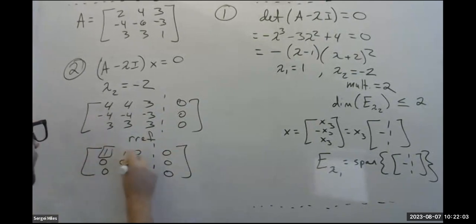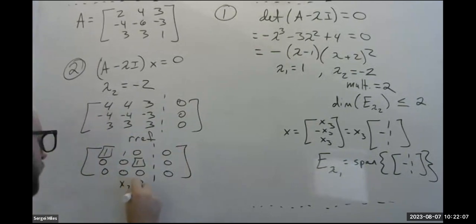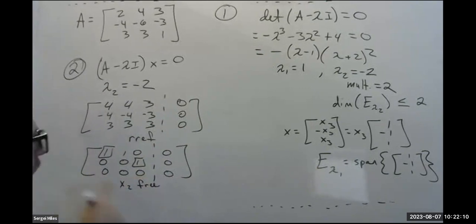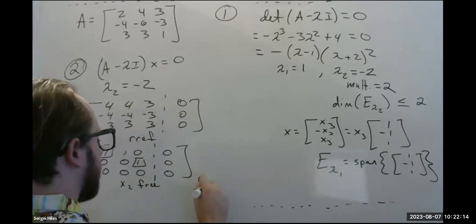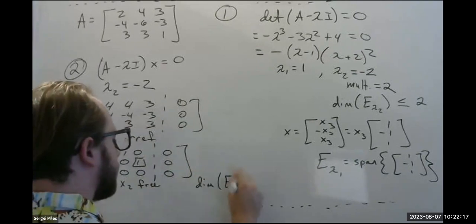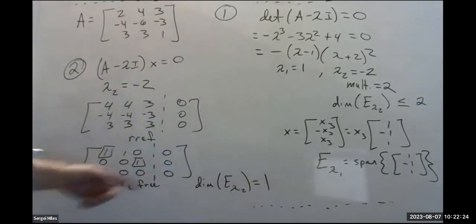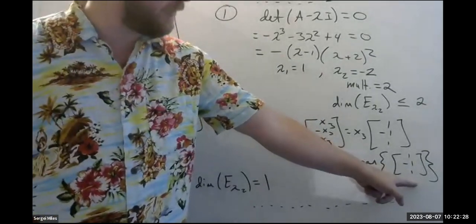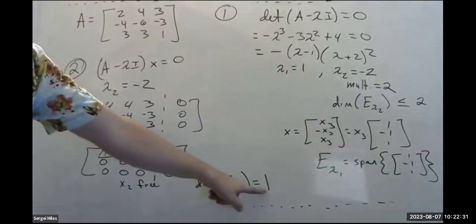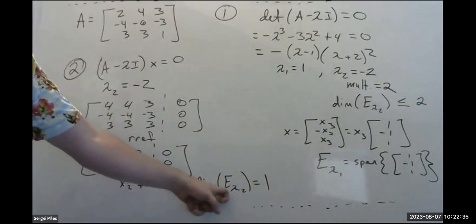Now look what happened. I only have one free variable. This tells me right away that the dimension of my second eigenspace is equal to 1. In other words, I only get one linearly independent eigenvector from the first eigenvalue, and I only get one linearly independent eigenvector in the span of this one.